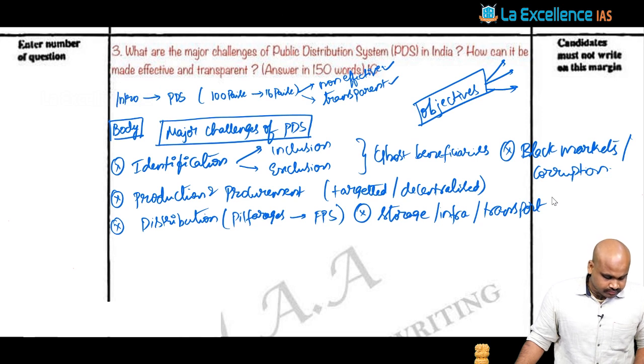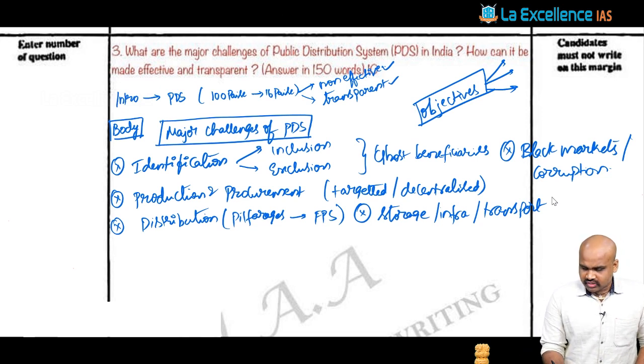Then, apart from this, here we can talk about how it can be made effective and transparent. So that means measures to make it effective and transparent.